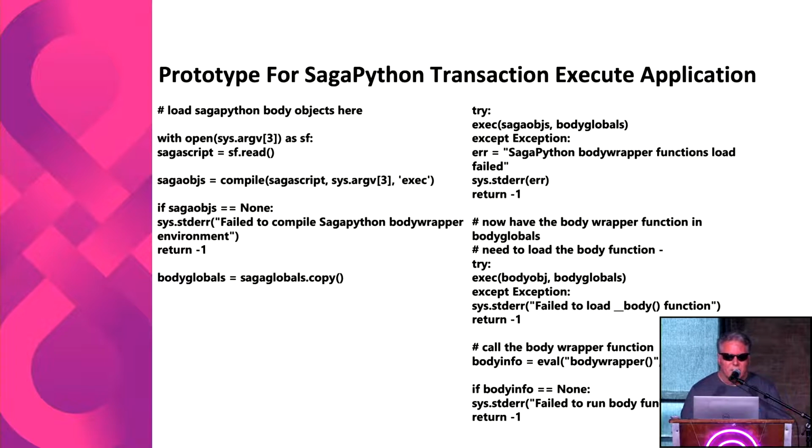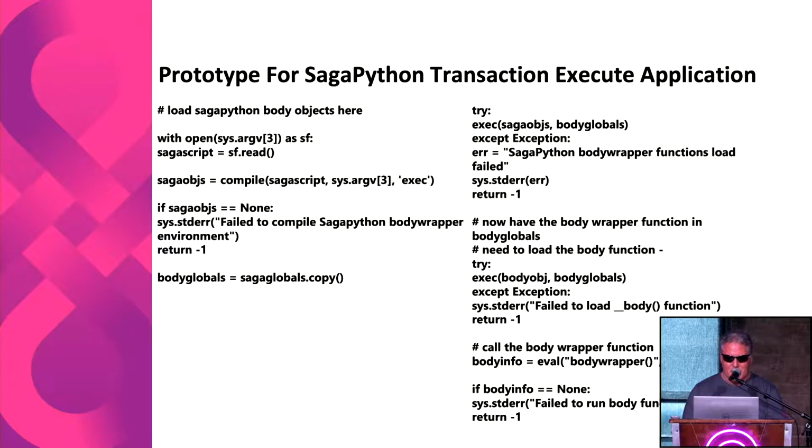In this case, you're reading in the script on the first line, so you're taking the script, writing it into a temporary file, and then reading it in because Python likes to read in from a temporary file, and you're then passing it to the compile command, and that's just a built-in command of Python, and it returns back a compiled object. It hasn't executed it yet, but it's returned it back.